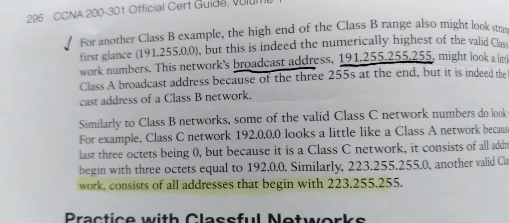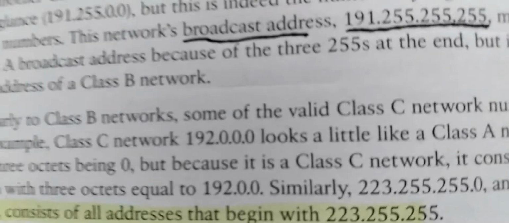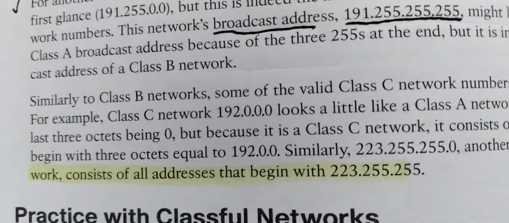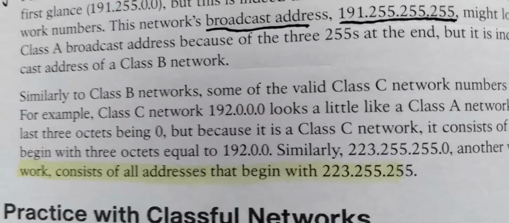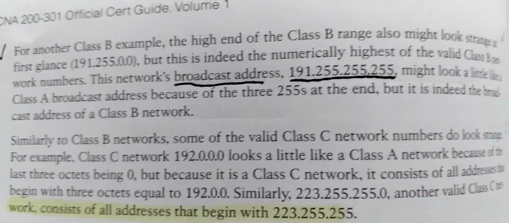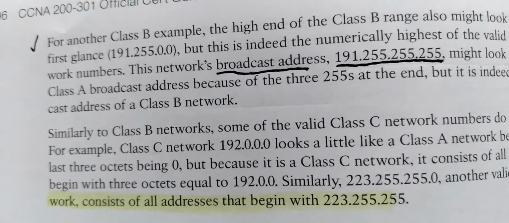Similarly to Class B networks, some of the valid Class C network numbers do look strange. For example, Class C network 192.0.0.0 looks a little like a Class A network because of the last three octets being 0.